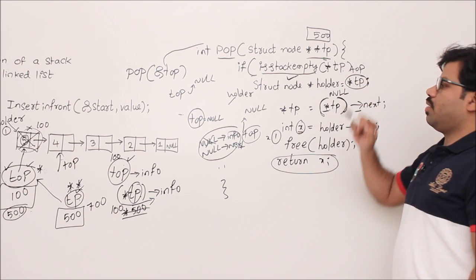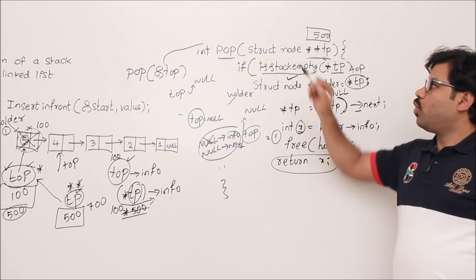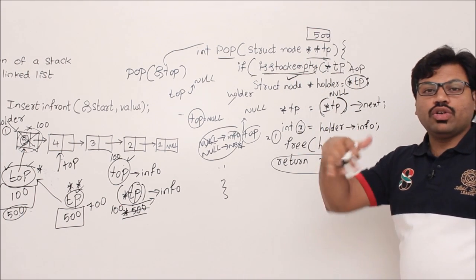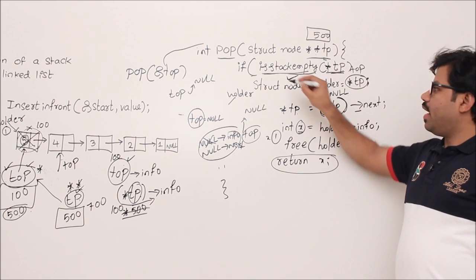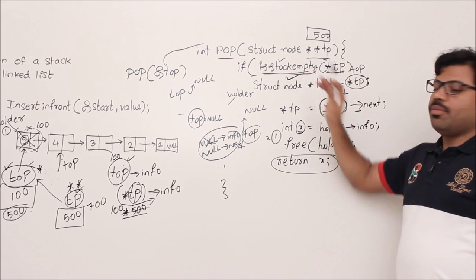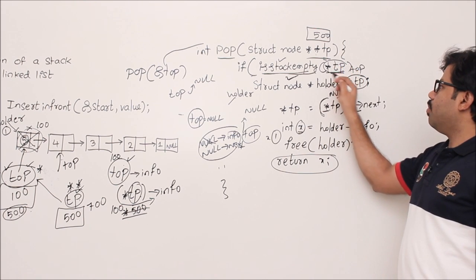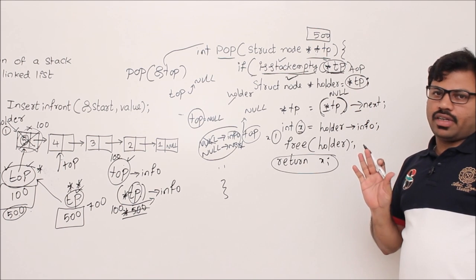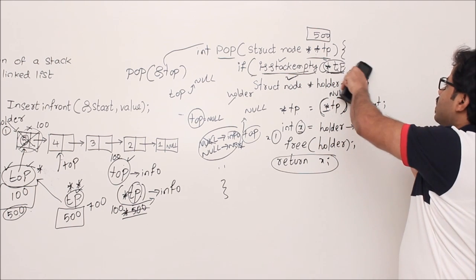Top is nothing but *tp. Simply pass *tp here. So I am going to implement eStackEmpty, which is going to work with our top. That top is nothing but *tp at this moment. But I did not implement it yet. If I implement it, you will understand what is going to happen. At this moment, blindly remember, *tp is the right parameter. So if eStackEmpty is true, then the stack is empty.